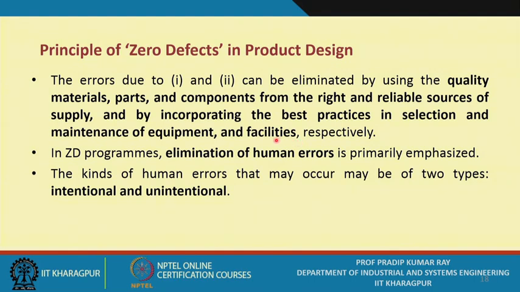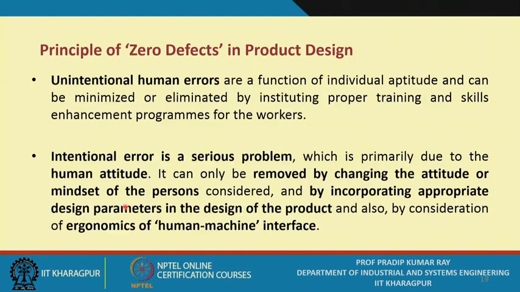But in the ZD programs, the main focus is elimination of human error, and elimination of human error is not an easy task. It's a most challenging assignment, and this is primarily emphasized in any zero defects program. The kinds of human errors that may occur may be of two types. One is intentional and the second one is unintentional.